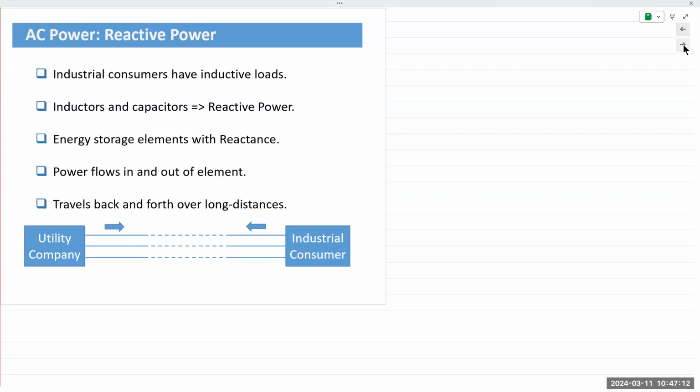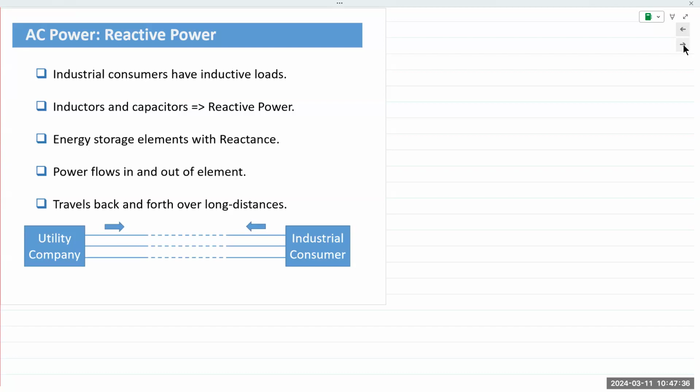Okay. Residences have inductive loads, industrial customers have inductive loads, but the way they use these inductive loads and the amount of inductive loads is much, much higher for an industrial customer versus a residential customer. When we talk about inductors and capacitors, we talk about reactances, right? Because they're energy storage devices.